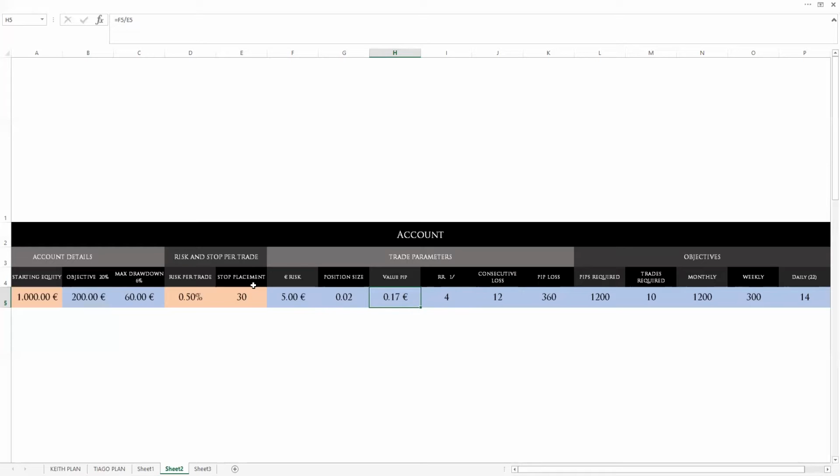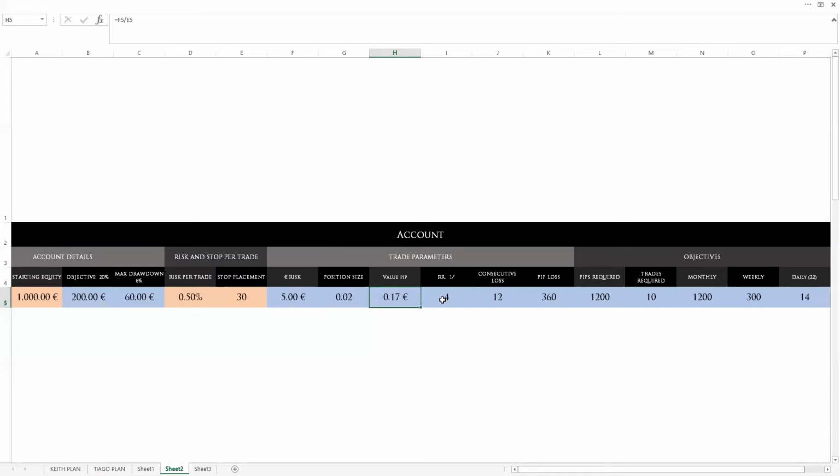Of course, these values will change depending on the currency you're trading. Anyway, I'm calculating the easiest one. So 17 cents per pip.